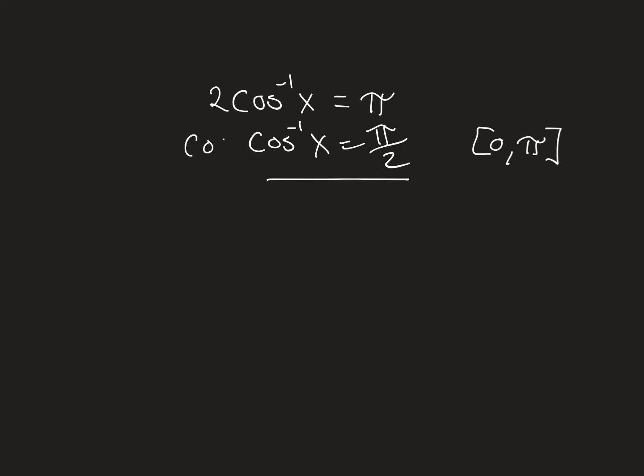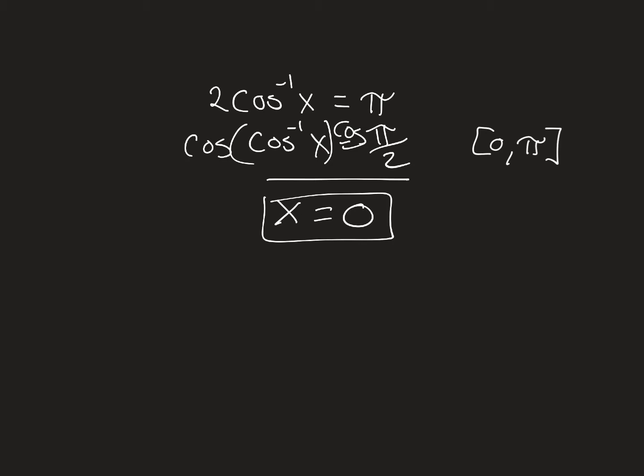And remember what a function composed with its inverse does. They undo each other. So cosine of inverse cosine of x will be x. So I've got x equals cosine of pi over 2, and cosine of pi over 2 is 0. So there's your solution there. Okay, so that was a decently basic one.